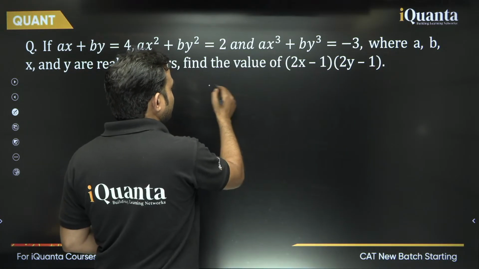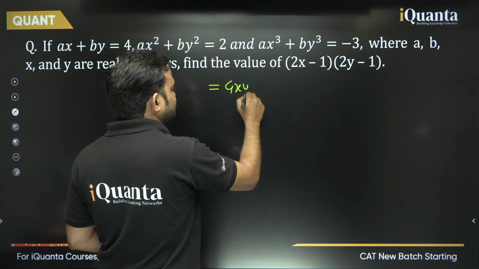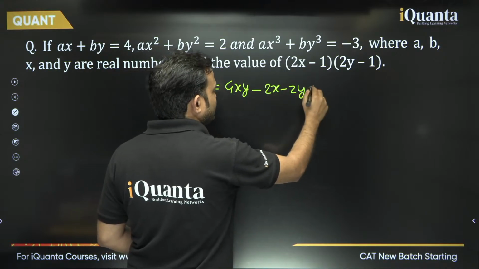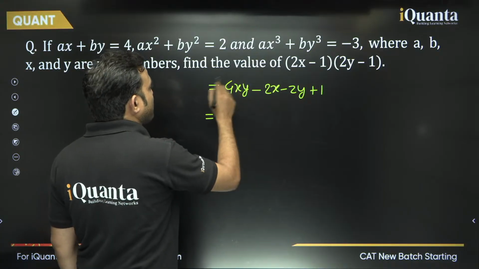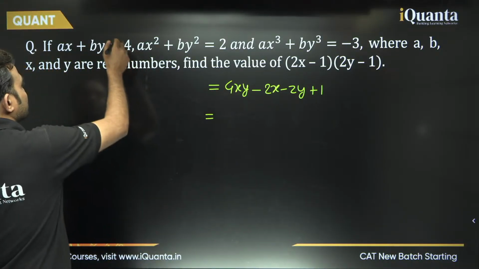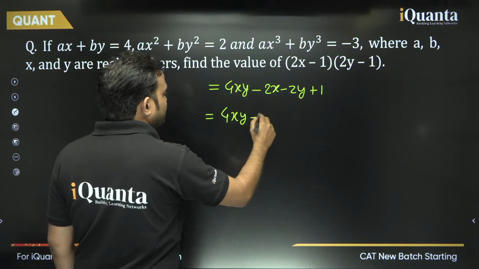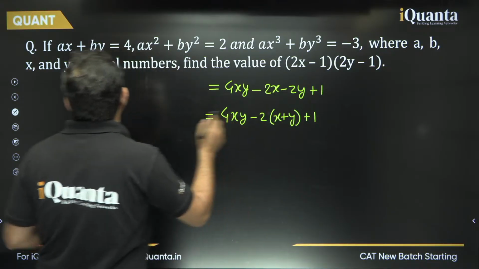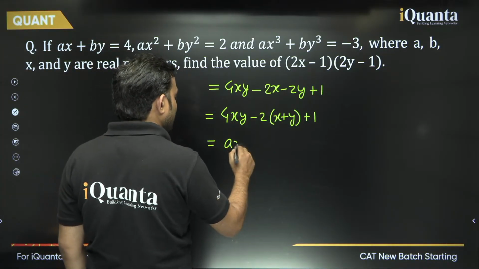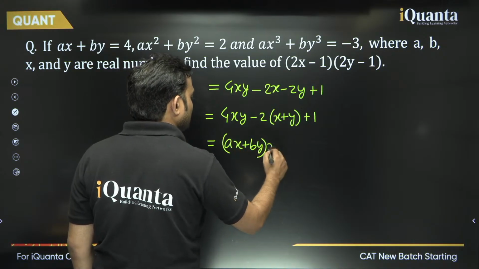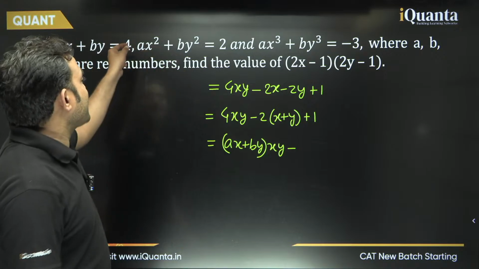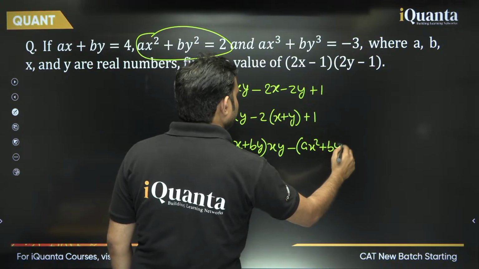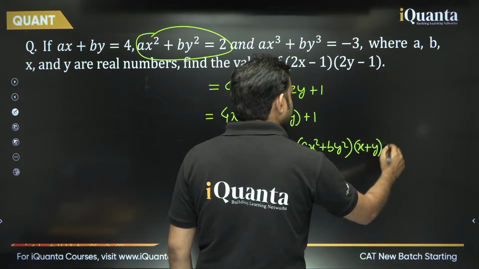Can I say this can be written as 4xy minus 2x minus 2y plus 1, that is 4 times xy minus 2 times x plus y, plus 1. Now, what is 4 here? 4 is nothing but ax plus by. So instead of 4, I can put ax plus by, so ax plus by into xy minus, instead of 2, I can write ax square plus by square, into x plus y, plus 1.